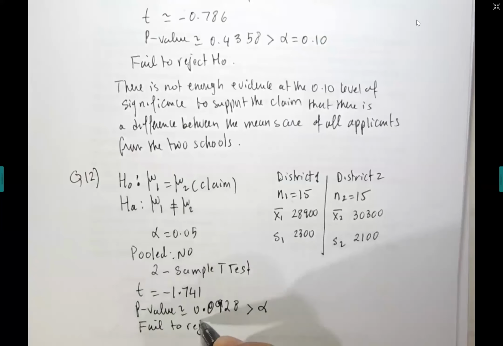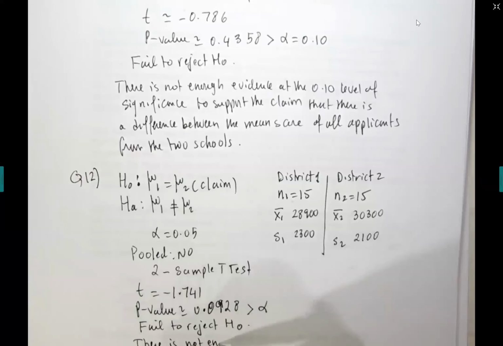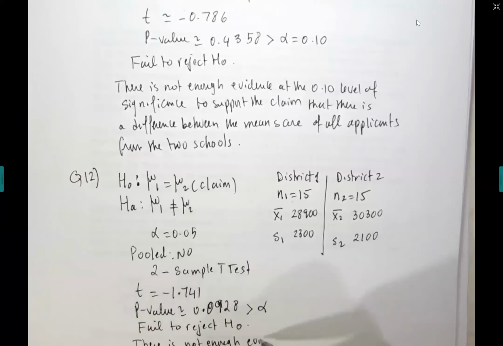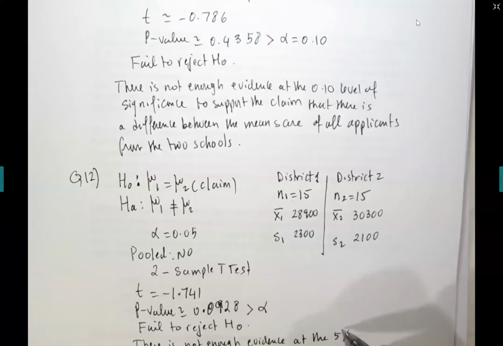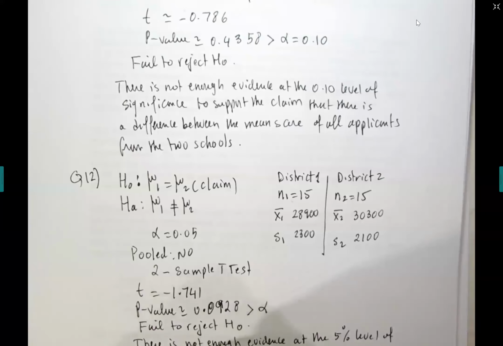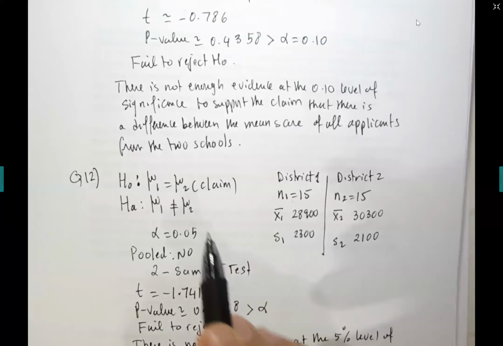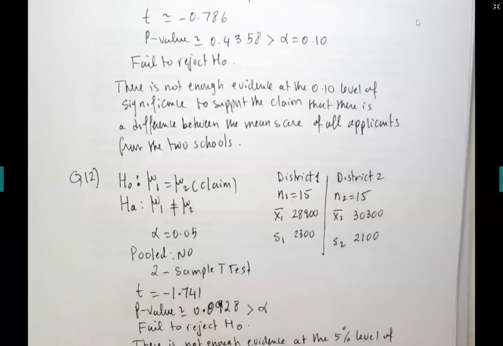Okay, I want the students to tell me what would be the conclusion now. You can text it. There is not enough evidence at the 5% level of significance to what, guys? Remember, the claim is in H0 and we could not reject H0. So let me see what students are saying.